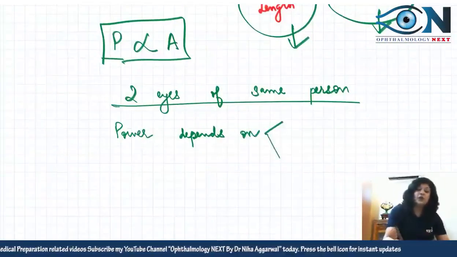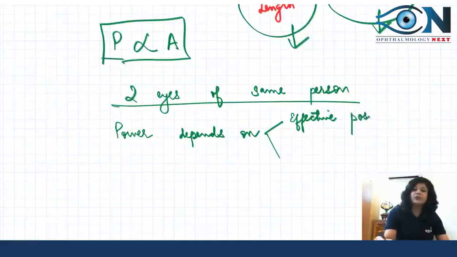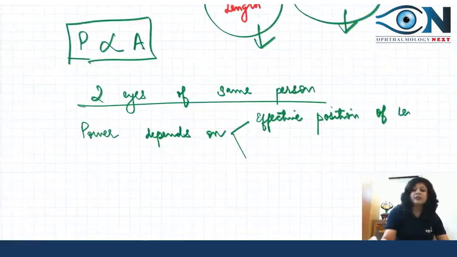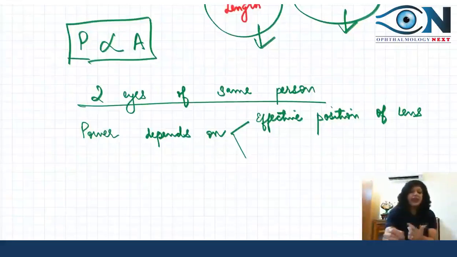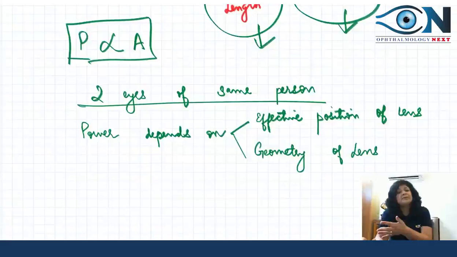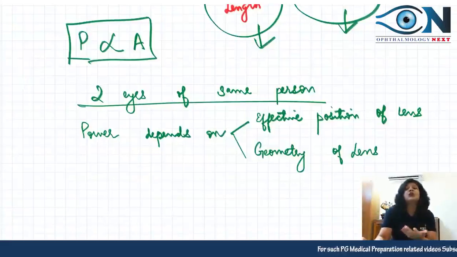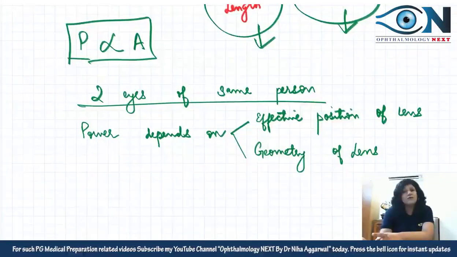Power will depend on 2 things. First of all, what is the effective position of the lens? When I'm saying the effective position of the lens, I'm talking about the distance of the lens from the cornea, and it also depends upon the geometry of the lens. So even if I'm talking about the two eyes of the same person having the same axial length and the same corneal curvature, it's not mandatory that both eyes will require the same power.